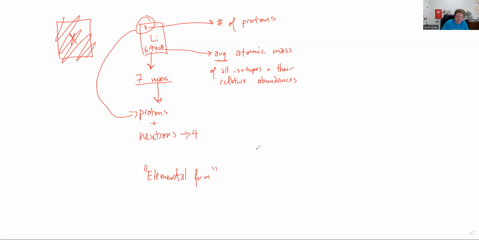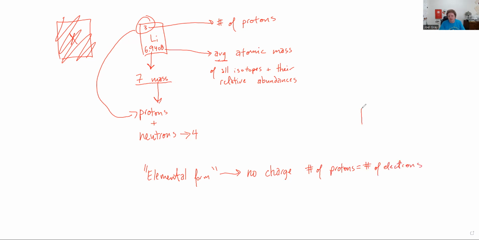What that means is that this atom has no charge. It has subatomic particles that are charged, but this atom as a whole has no charge. What that means is that the number of protons is equal to the number of electrons.